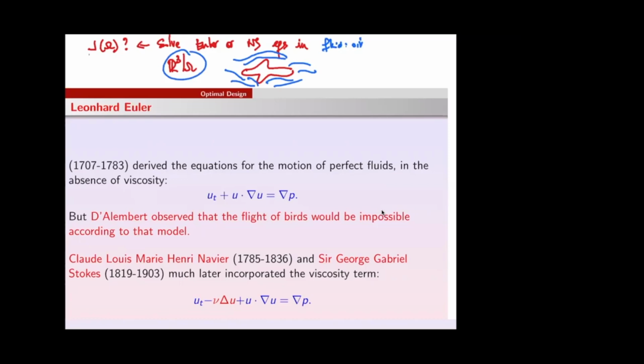So you see that in order to compute J omega, you have to solve the equations of fluid dynamics. That will be Navier-Stokes, Euler, or even more complete and sophisticated models. And then you say, well, how did aeronautical engineers succeed?